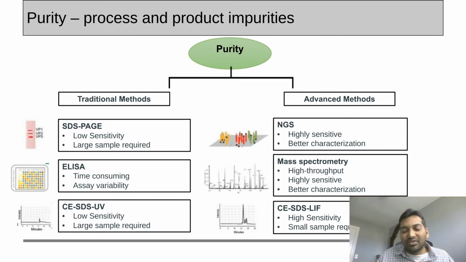Another quick method people have started using is capillary electrophoresis with a fluorescence detector, which gives high sensitivity and requires a small sample volume to identify the quality attribute of purity.